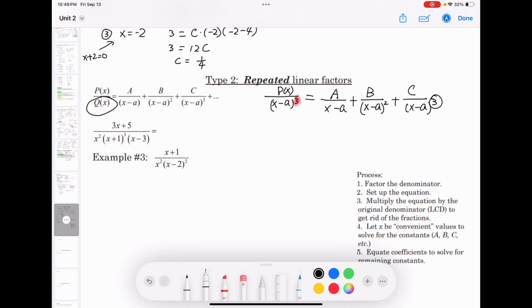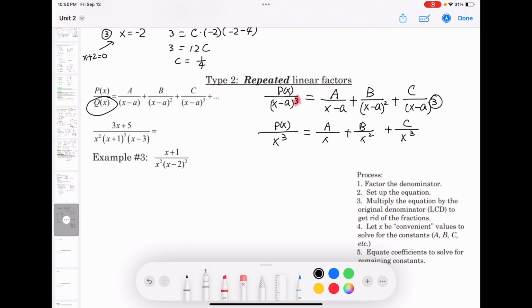For example, if I have some other expression, maybe P of x divided by x cubed, we separate it into partial fractions. So they are A over x plus B over x squared plus C over x cubed.